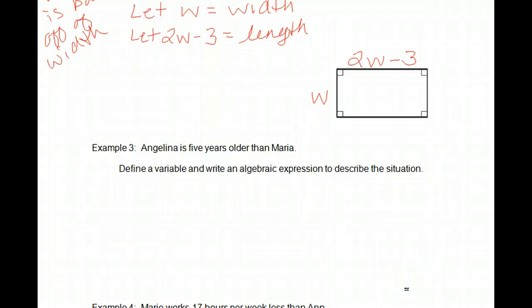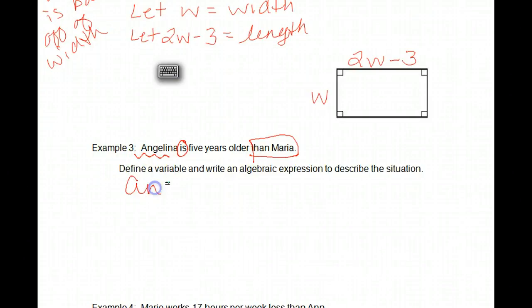Example 3. Angelina is 5 years older than Maria. Who is based off of who? Angelina is blah blah blah than Maria.